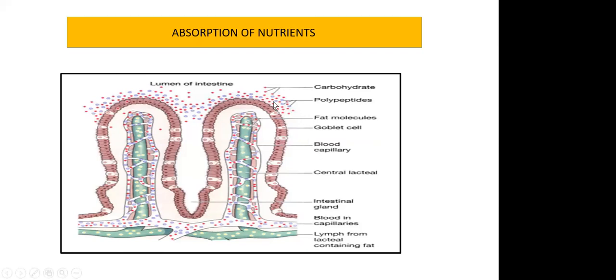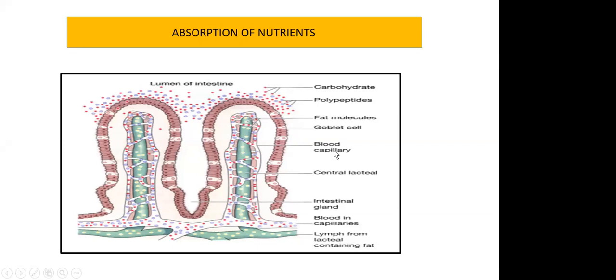You can see carbohydrates, capillaries. Okay, you can see the picture clearly. These are the carbohydrates, these are the polypeptide molecules. You can see the blood capillaries here, and lacteals are here.